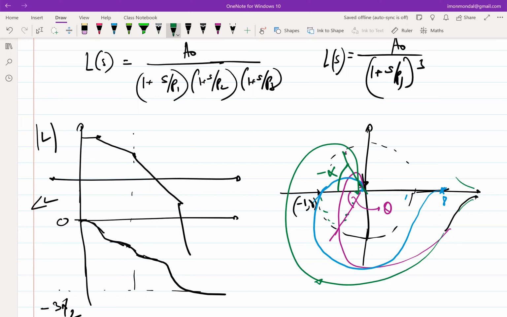The minus alpha phase margin indicates that it's not only unstable, you'll have to decrease the excess phase by the amount alpha in order to make your system stable. Okay, make sense?